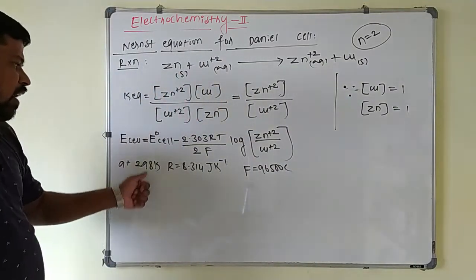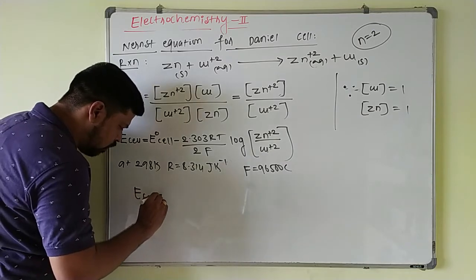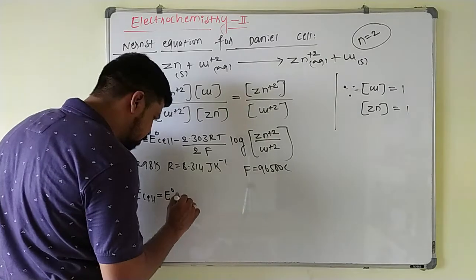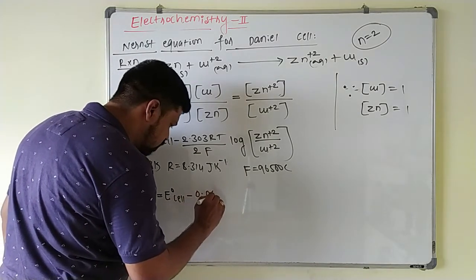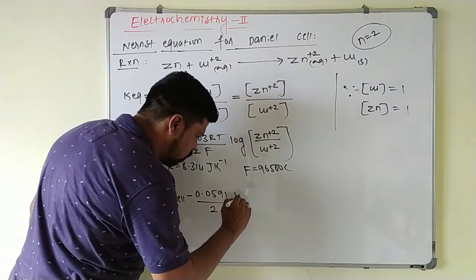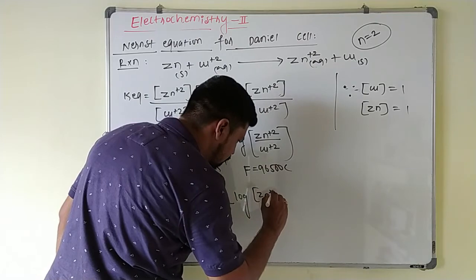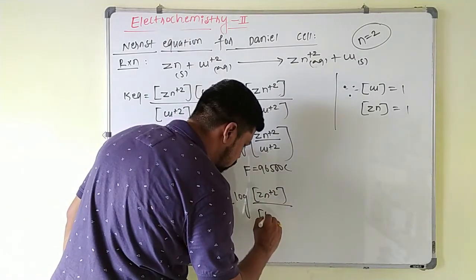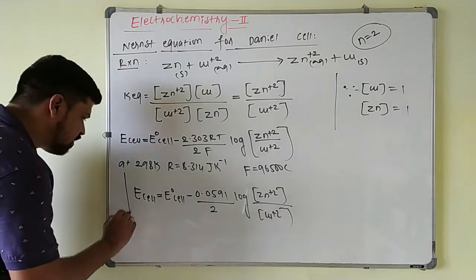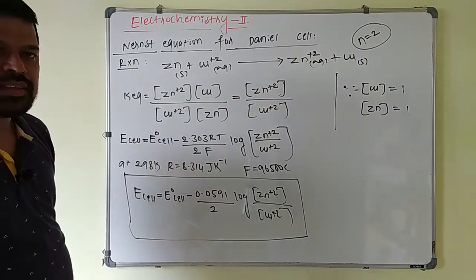If you substitute these values, it becomes E cell is equal to E naught cell minus 0.0591 divided by 2 into log of concentration of zinc ions divided by concentration of copper ions. So this is the Nernst equation to calculate the EMF of the Daniell cell here.